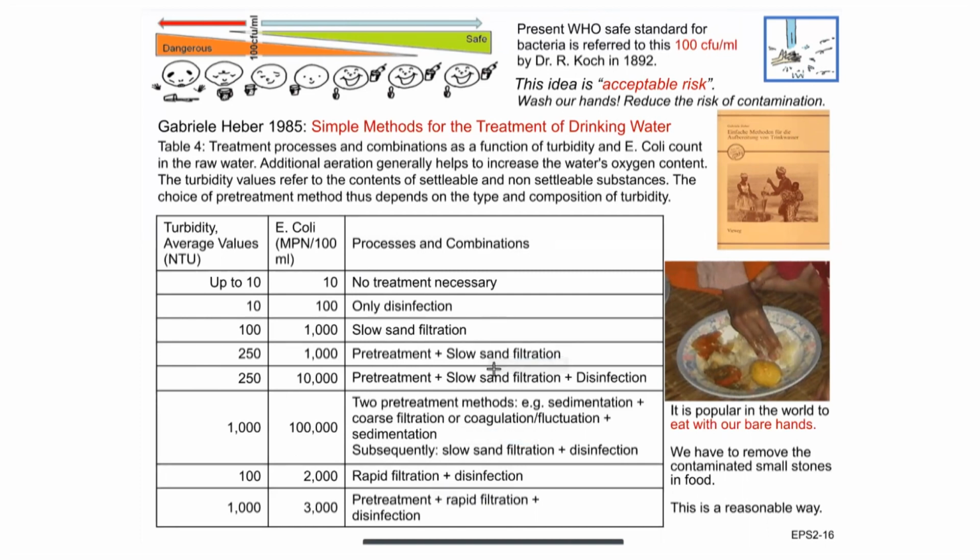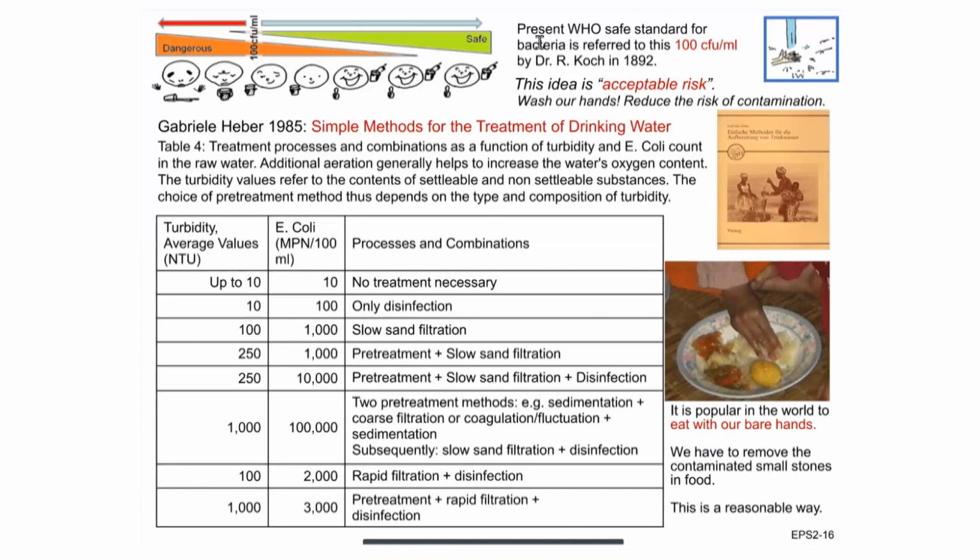As you know, it is popular in the world to eat with our bare hands. We have to remove the contaminated small stones in food. This is a reasonable way.